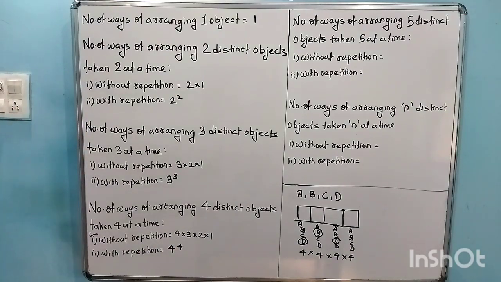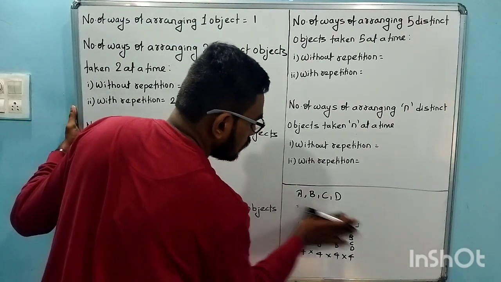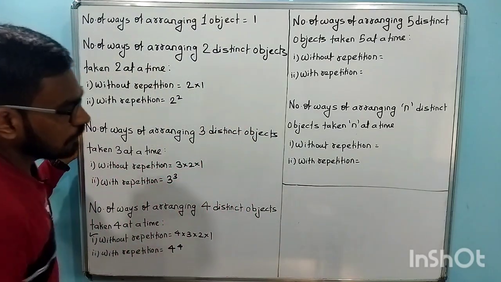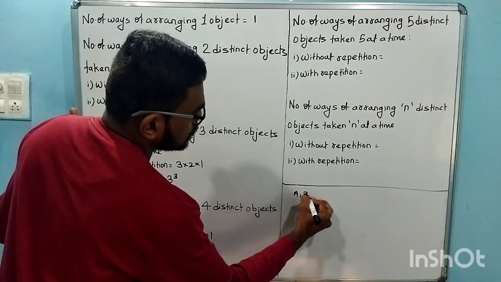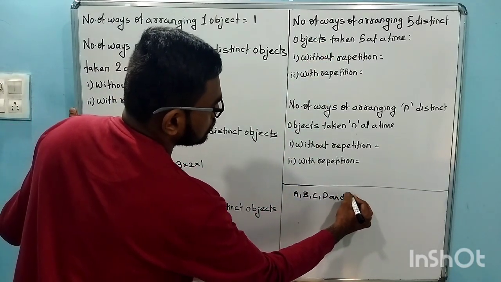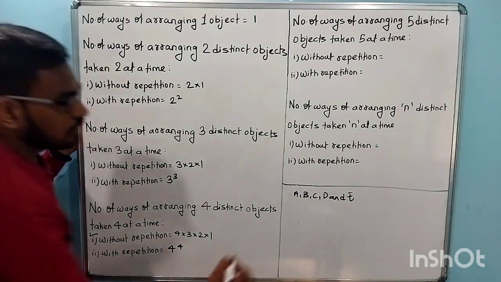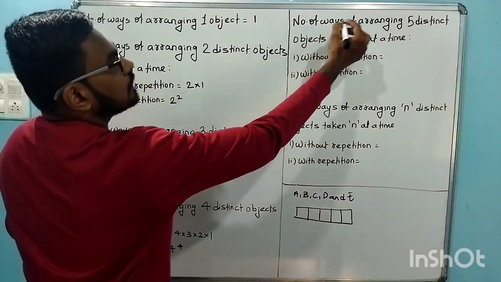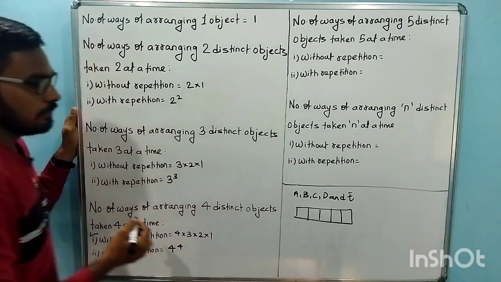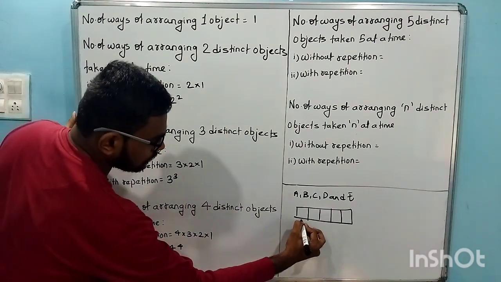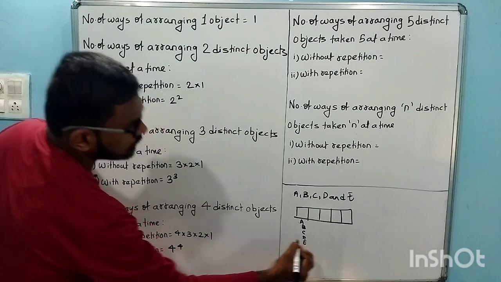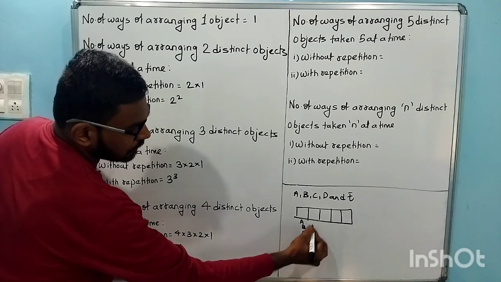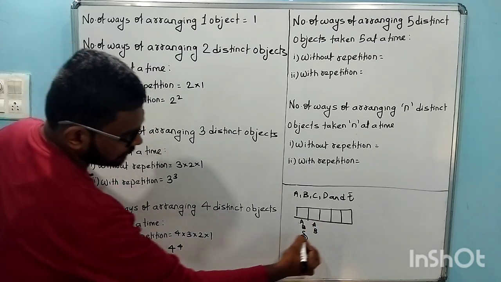Next, if you have 5 letters, A, B, C, D and E, and 5 places, 1, 2, 3, 4, 5, we are arranging 5 distinct objects taken 5 at a time. So for the first place we have 5 choices. Now if the repetition is not allowed, then for the second place we'll have 4 choices, as you saw in the previous problems.